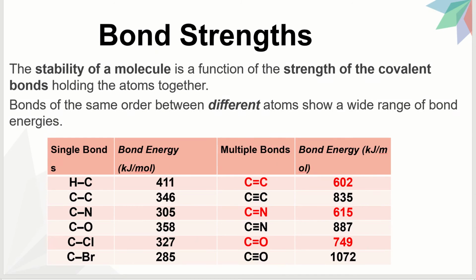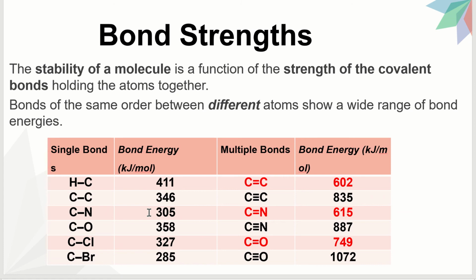If we just take carbon-carbon bonds, for example, and look at the energies for single versus double versus triple, we see for the single bond the bond energy being 346, for the double 602, and the triple 835 kilojoules per mole.